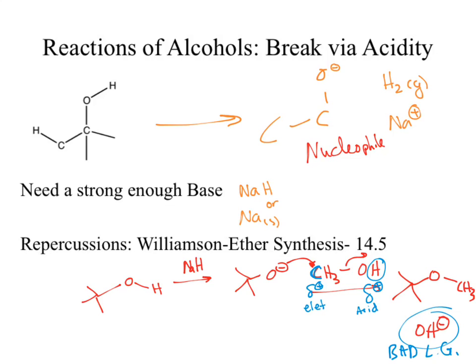So how could we end up with that final product? We need to fix the bad leaving group issue. We still need an electrophilic carbon. How can I get an electrophilic carbon without bringing in an acidic hydrogen?